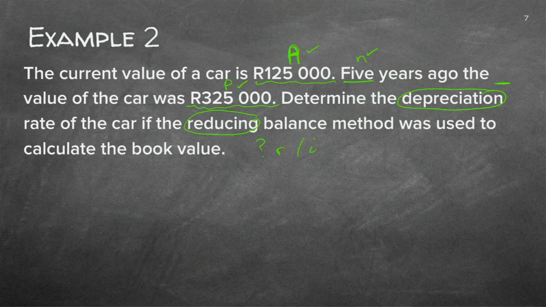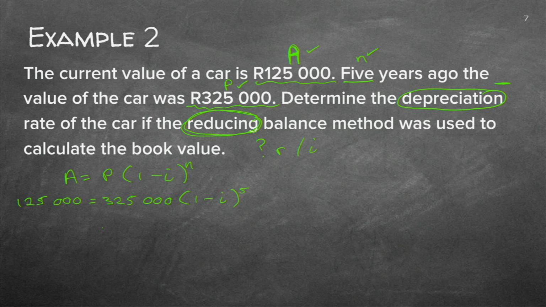So we need the formula for depreciation to make sure reducing balance, so it's to the power of N, compound interest. So I'm going to fill in the A, which is 125,000. I'm going to fill in the P, 325,000. 1 minus, I need to find the I to the power of 5.